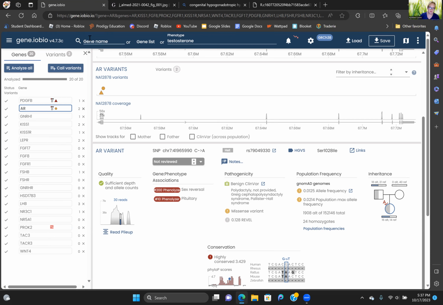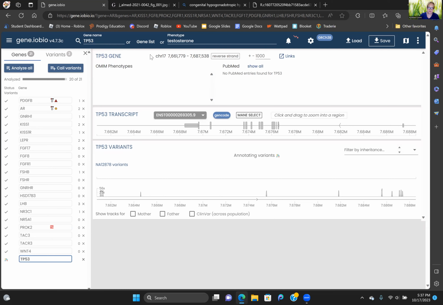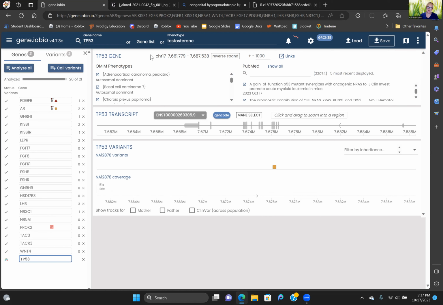A perfect example of that would be TP53, which is a gene associated with apoptosis. It's associated with many cancers. It's associated with leukemia. Many cancers in and of itself. But TP53 is associated with a lot of other conditions.